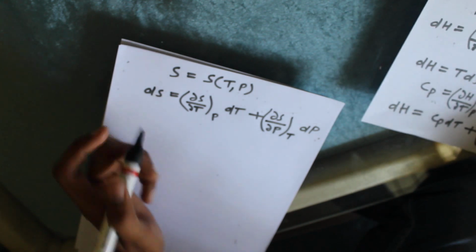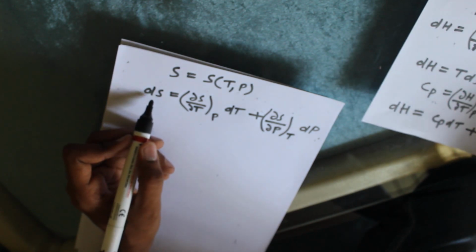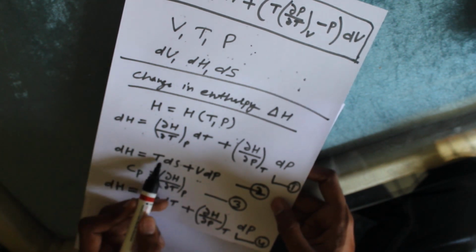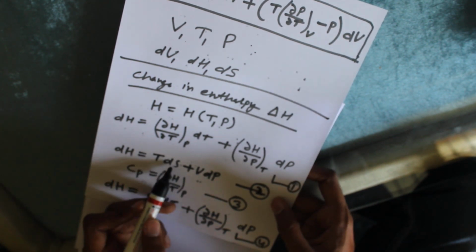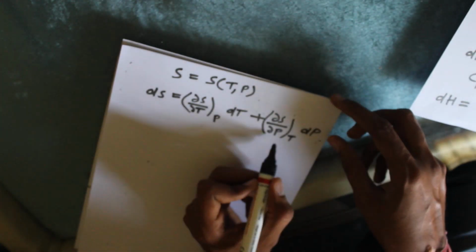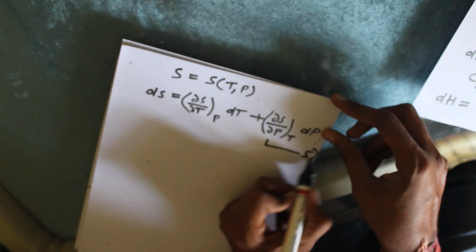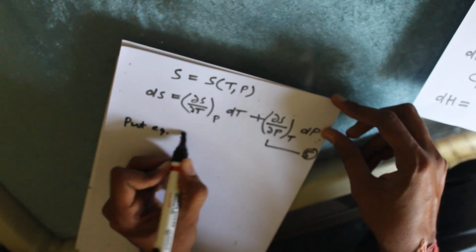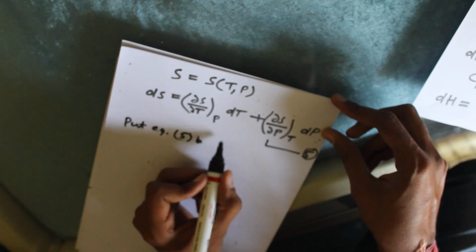Now put this dS value in equation 2. In equation 2, the change in enthalpy is TdS plus VdP. Now replace this dS by this expression. Let's consider this equation 5. So put equation 5 in equation 2.